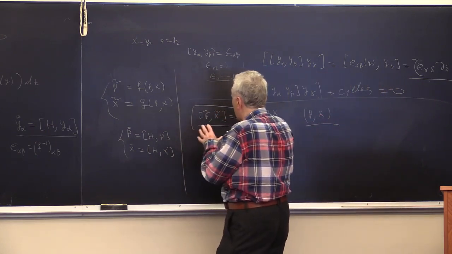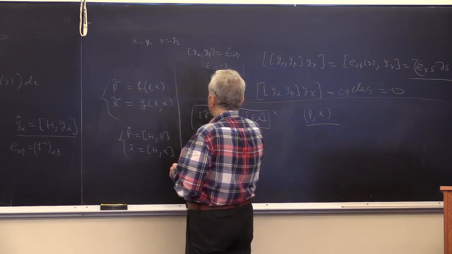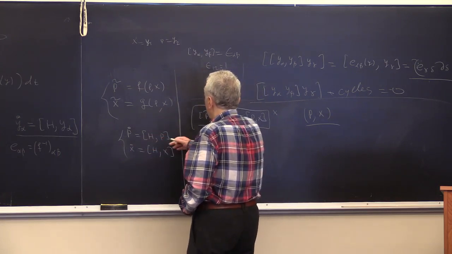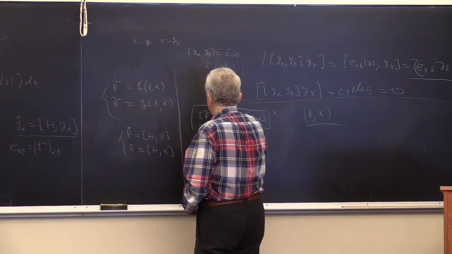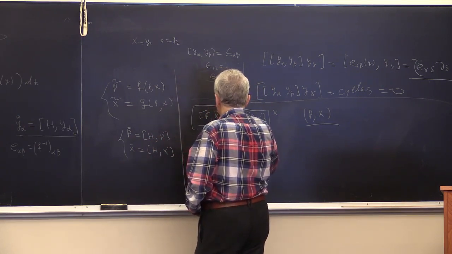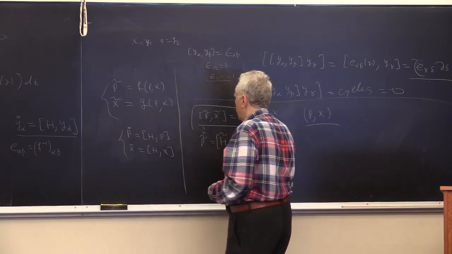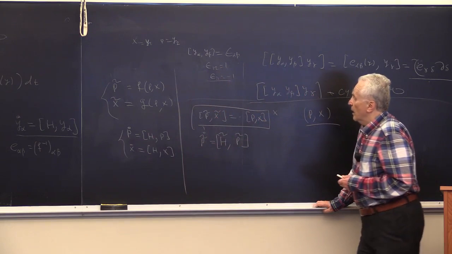If this is true, then of course in the new variables the equations of motion will be h twiddle, p twiddle, and so on.